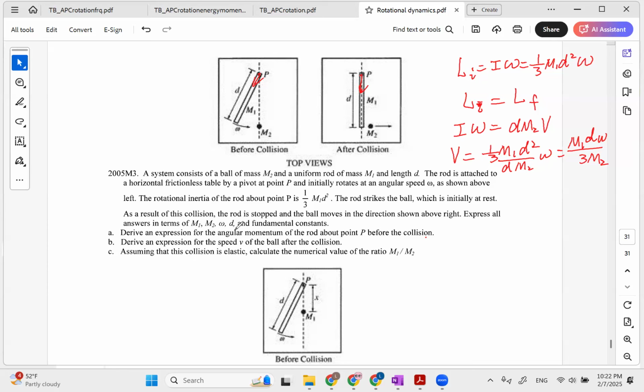And then it tells you the collision is elastic. So you need to find a ratio. What is elastic? Use kinetic energy initial equals kinetic energy final. What kind of energy does it have initially, Jameson? Rotational, half I omega squared. And then the final kinetic energy is on the m2, right?